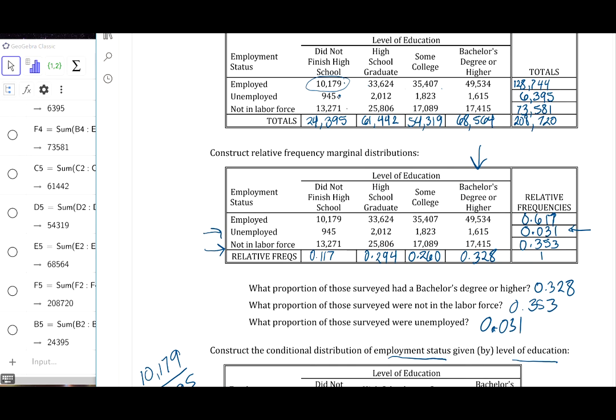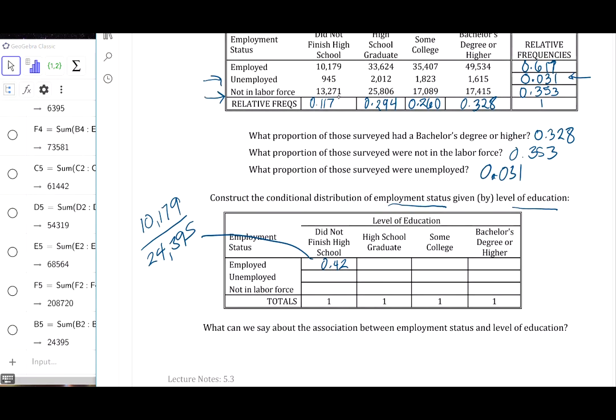So in this spot would be 945 over 24,395, and that is 0.04. And then the last one was 13,271 people who are not in the labor force out of the 24,395 who did not finish high school, and that should be 0.54.